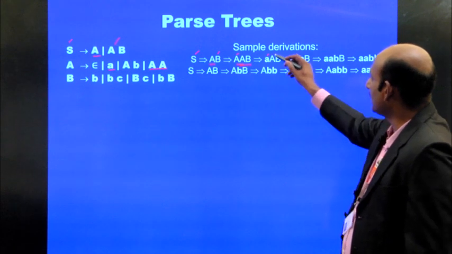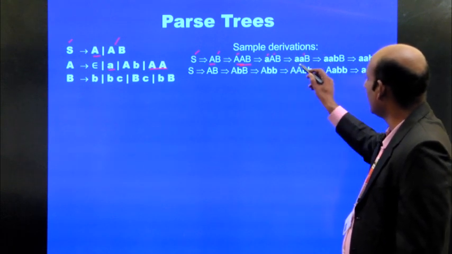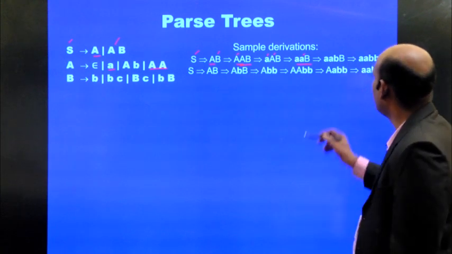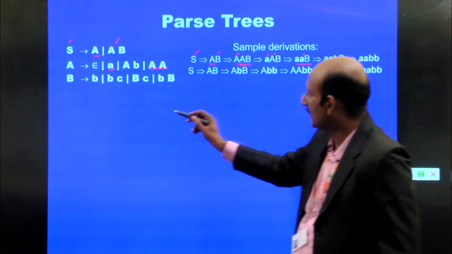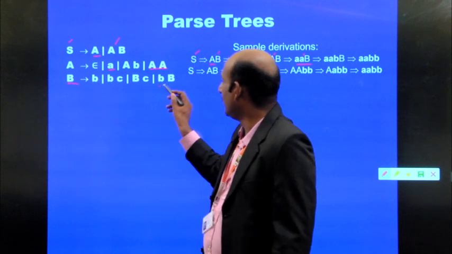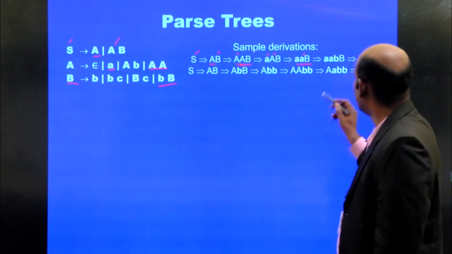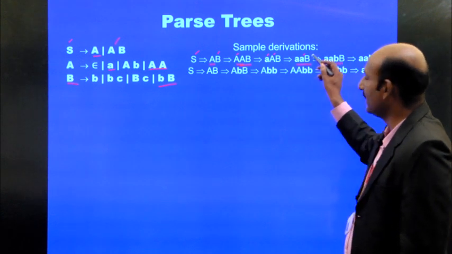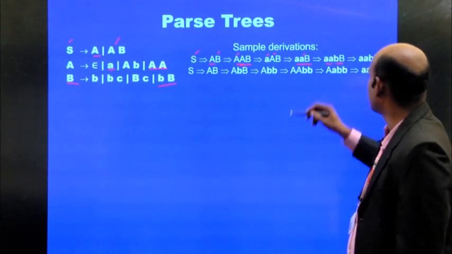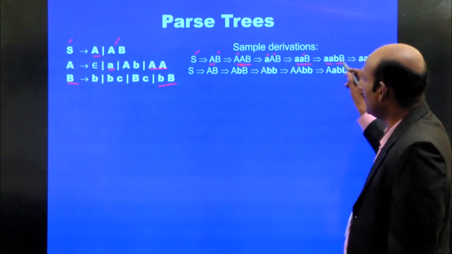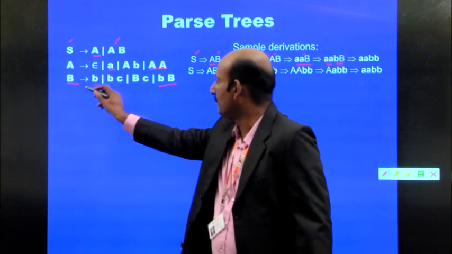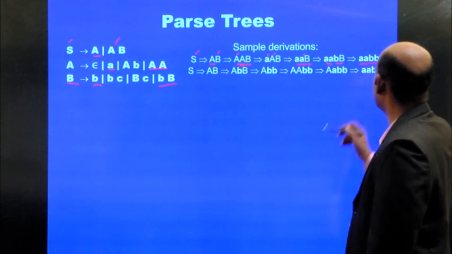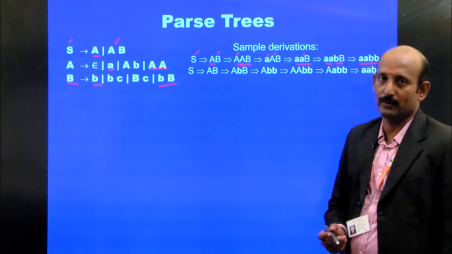Now again this A can be replaced by small a, then we may get a, B. Now the B can be replaced by small b, capital B. So a is already there, small b, capital B, and this uppercase B is replaced by this one. Then this B becomes a small b. It generates one more production, small b. So we may get like this a, B likewise.